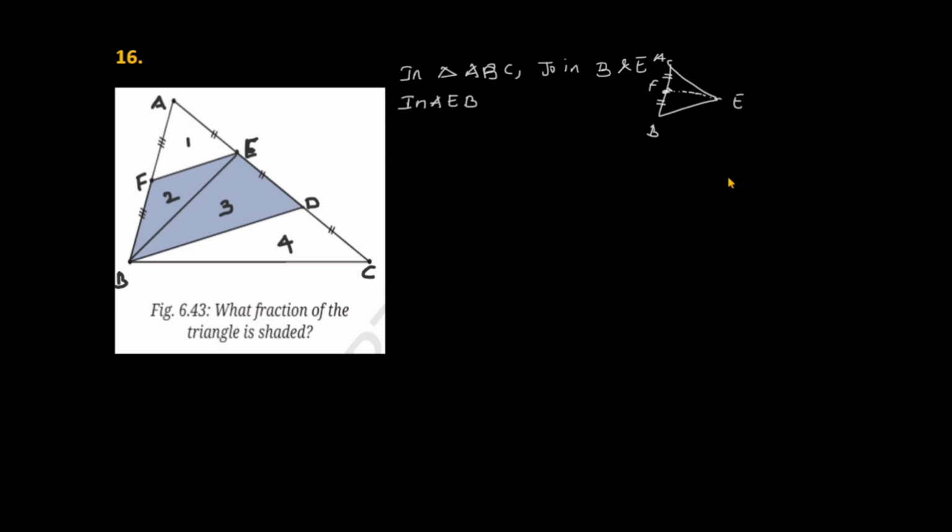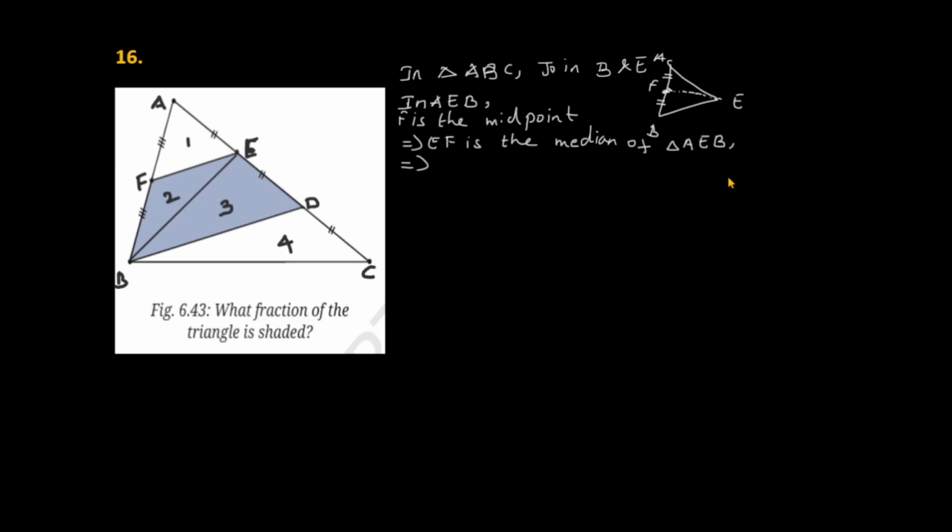So in triangle AEB, F is the midpoint. That implies EF is the median of triangle AEB. So the median divides the triangle into two equal area triangles.